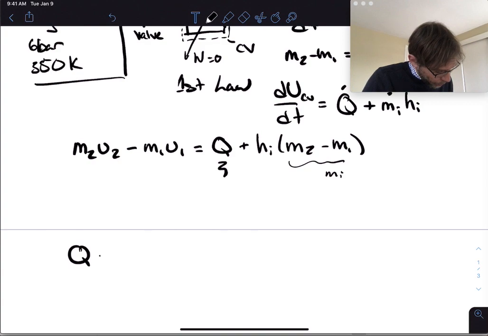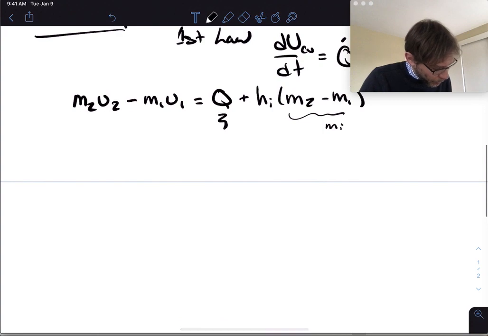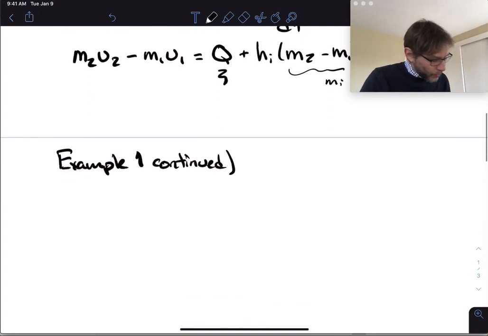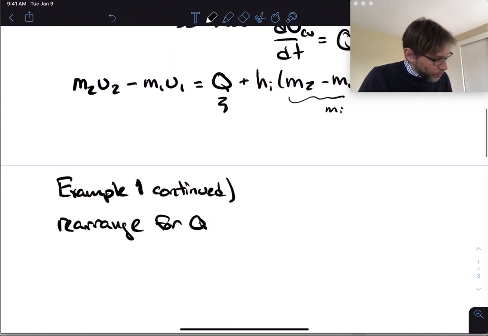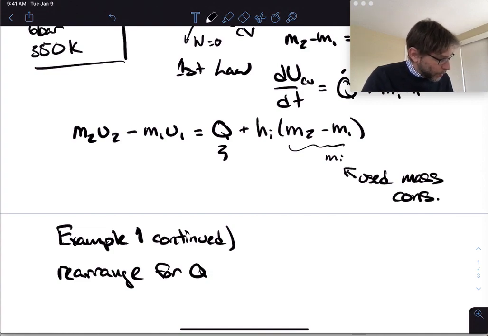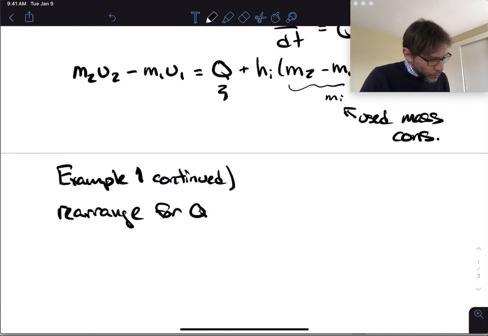Let me change my page here. Example 1 continued. Now we're going to rearrange for Q. This is where we used our mass conservation to substitute m2 and m1.